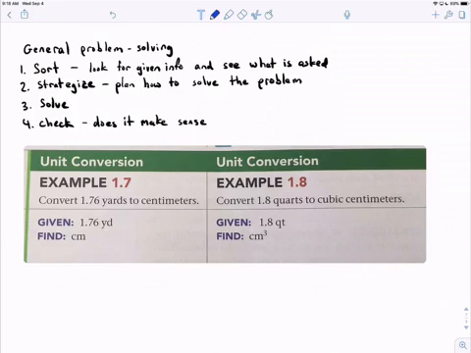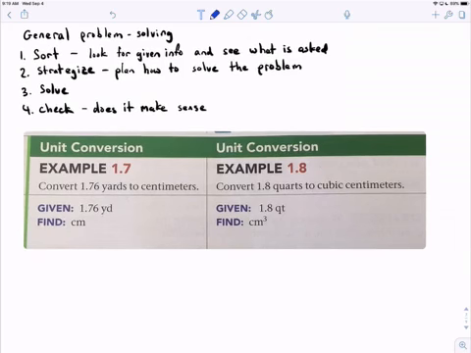Let's take the problem. Look to see what the problem is giving you and then what it's asking for. And then you think, okay, how do I get there? Okay, now let's do it. And does this answer make sense? And the last part there, many people skip that step. So that can save you a lot of time.